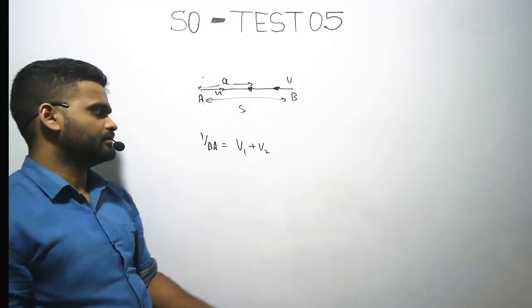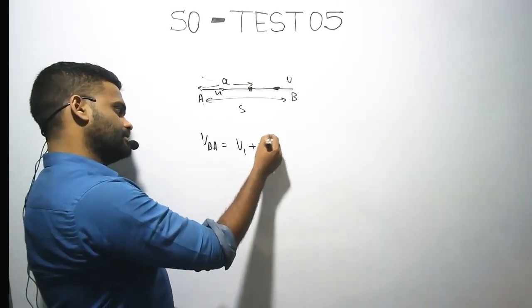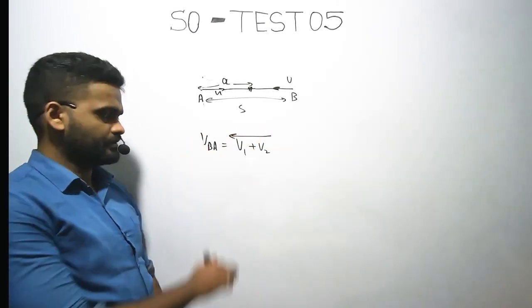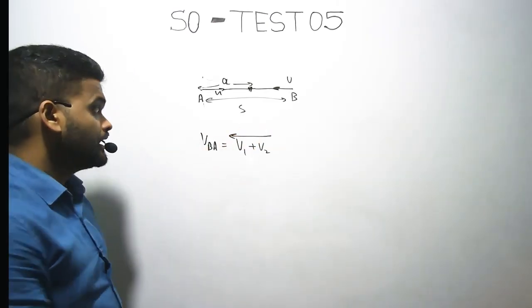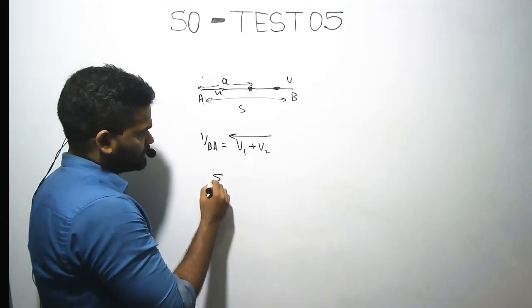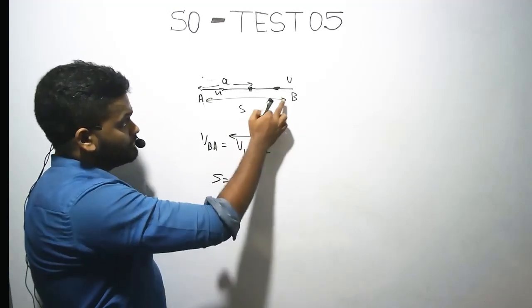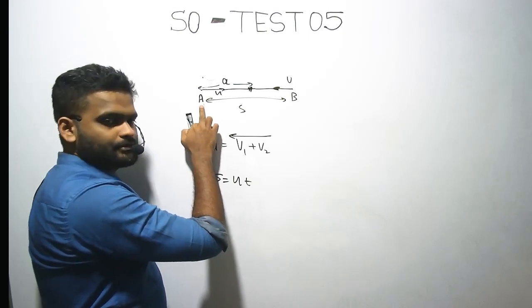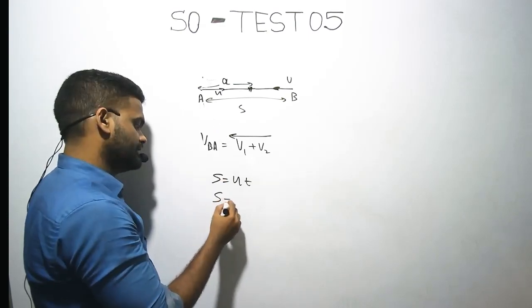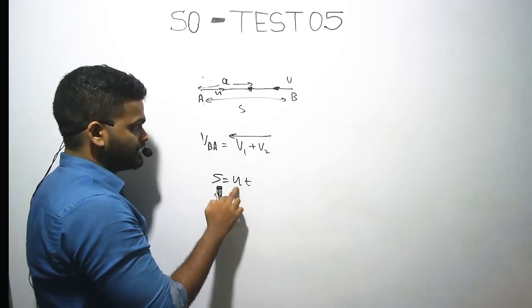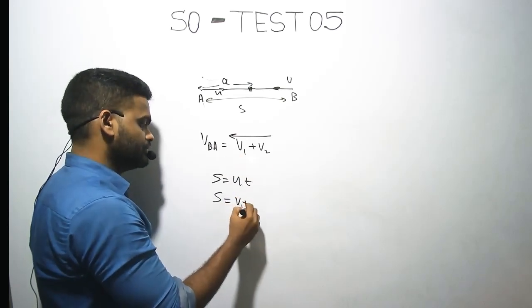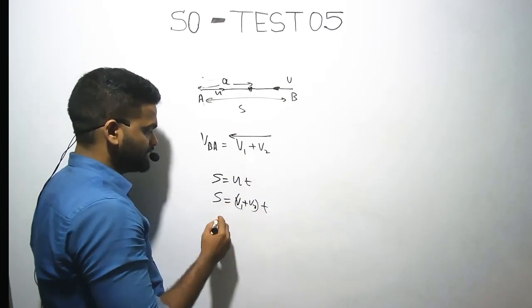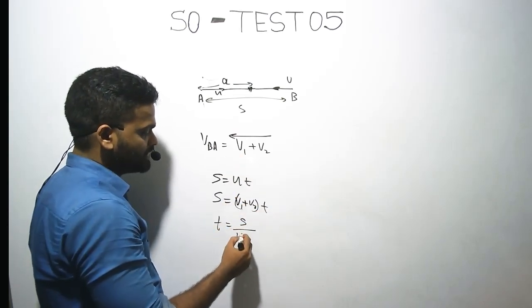So the relative velocity of B should be to this side. And what should be the time? B has to do all the displacement because A is stopped, so the distance is just S. Relative velocity is v1 plus v2, so the time is S divided by v1 plus v2.